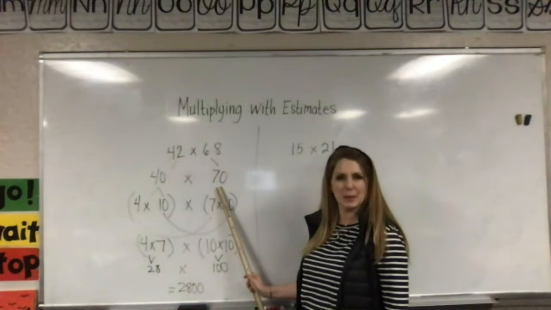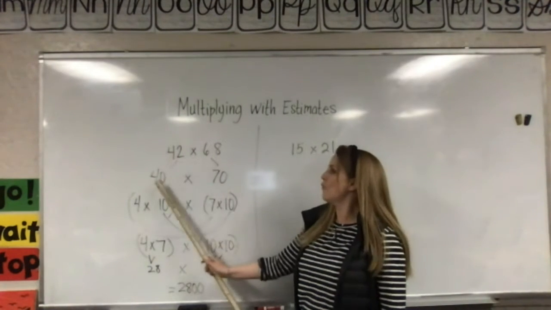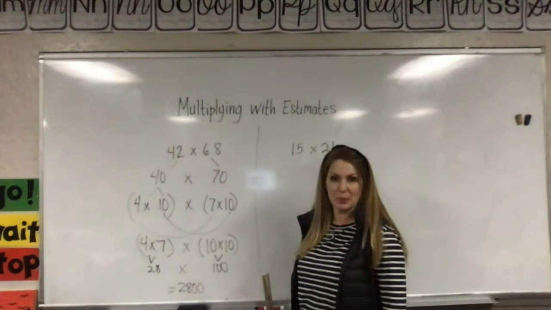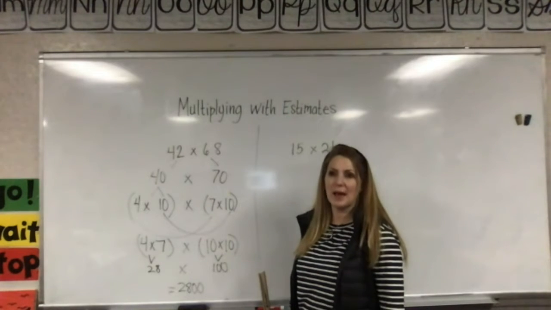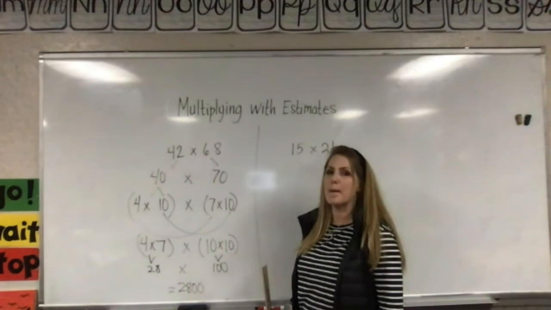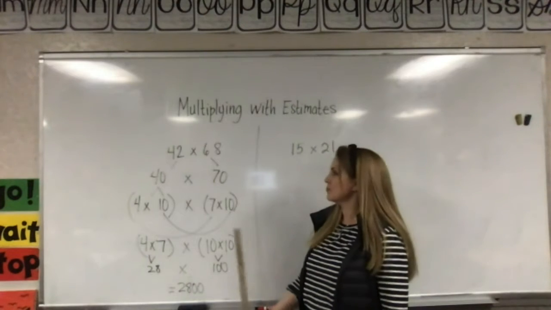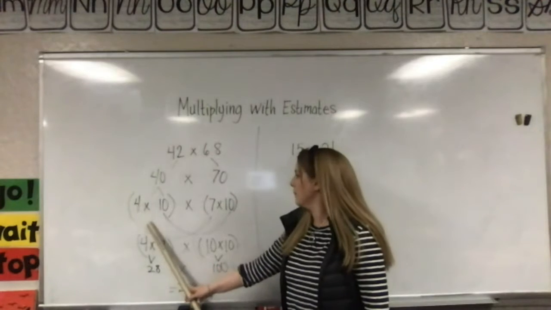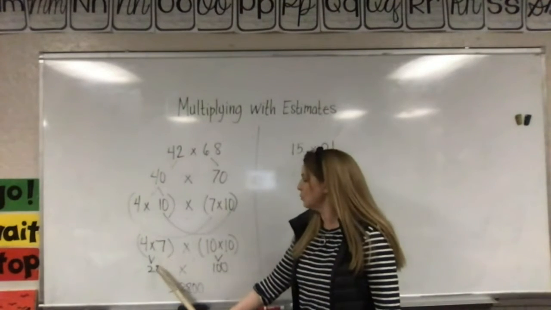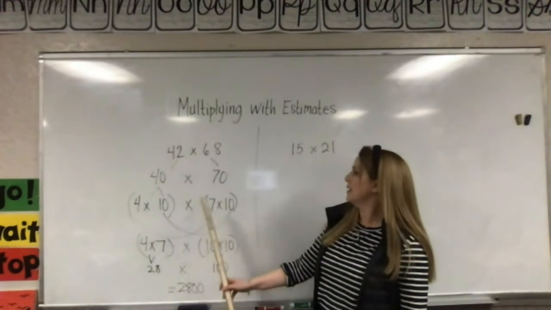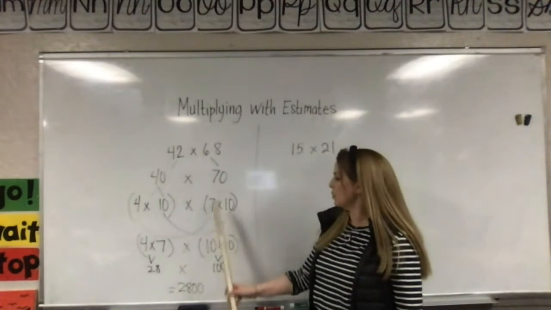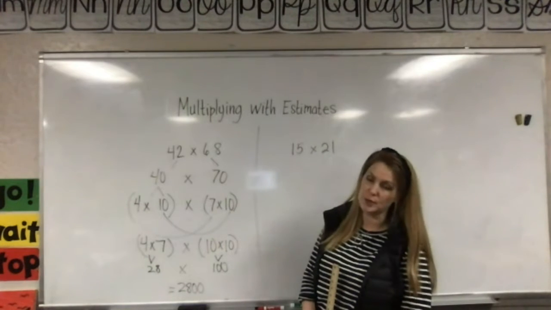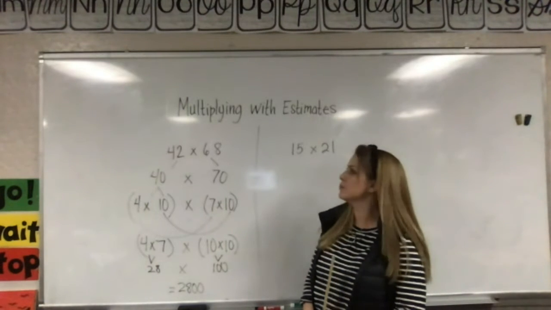So this makes things a little bit easier. 40 multiplied by 70 is easy because we can use our mental math and simply multiply the first two digits, 4 and 7, which becomes 28, and then add the two zeros, which becomes 2,800. That's simply another way of saying that.